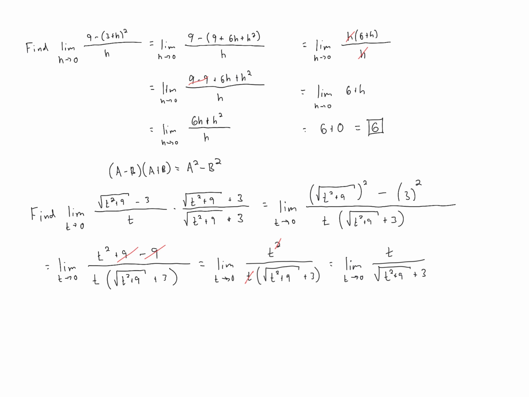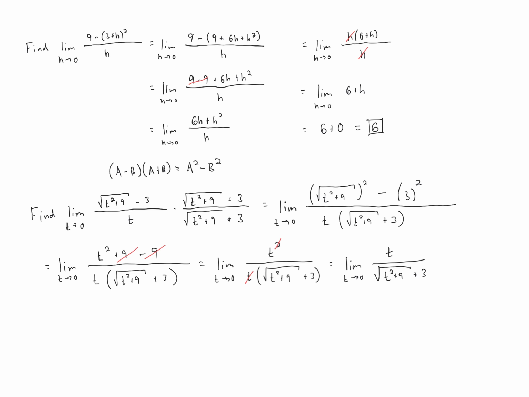And we can't use direct substitution yet because that doesn't work when there is a radical. But we can do a few things, and I'm going to do a couple of them at once. Remember, the limit of a quotient is equal to the quotient of the limits. So we could take this limit and move it into the numerator and the denominator. And then the limit of a sum is equal to the sum of the limits. So we can put the limit of this plus the limit of that. And then the limit of the square root of something is equal to the square root of the limit of that thing.